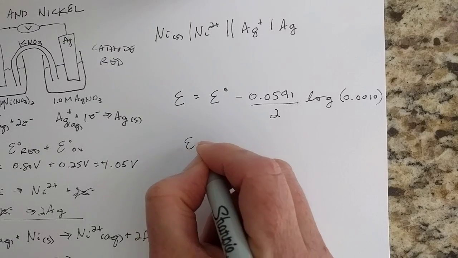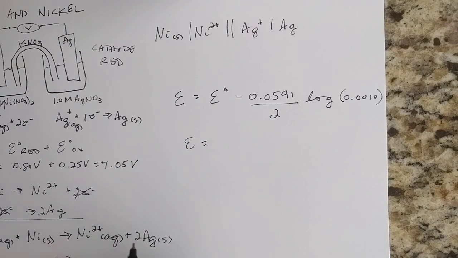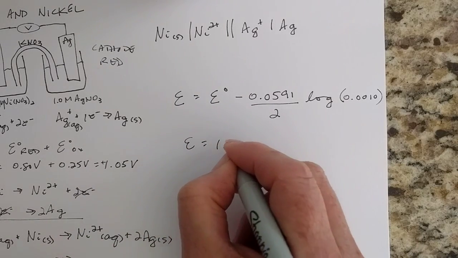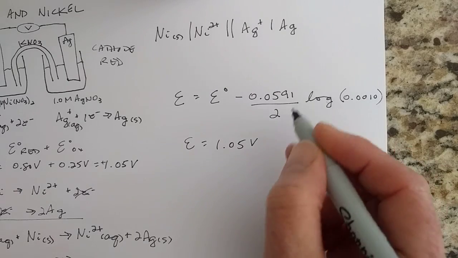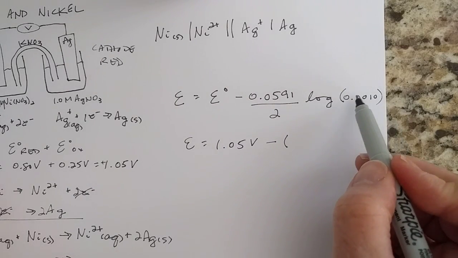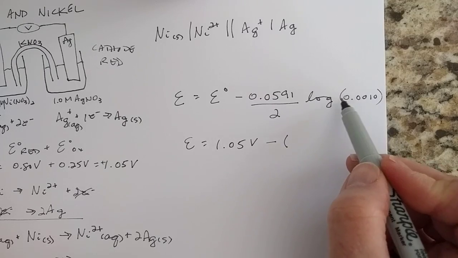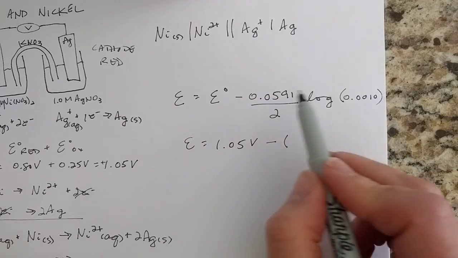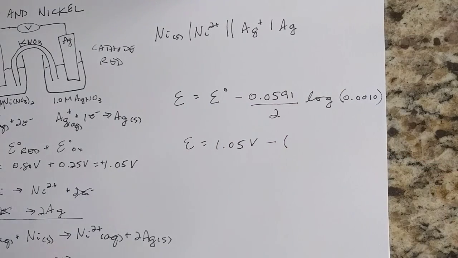So E equals our E0, we calculated that, 1.05 volts, minus, all right, so this is 10 to the negative 3. That's going to be a negative number, negative and negative, that term then will end up being positive.